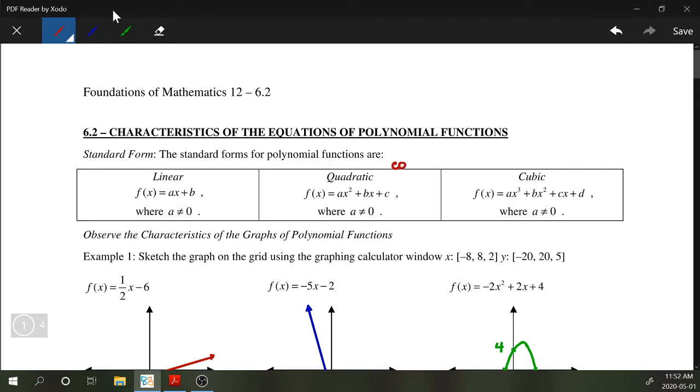The constant function has the form f of x equals a, where a is of course just some number, and this would be degree 0.